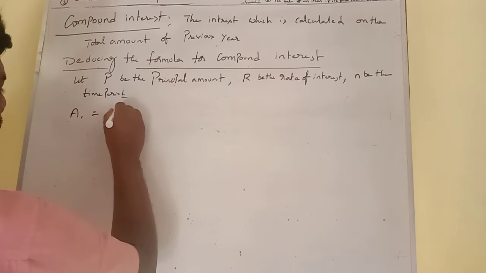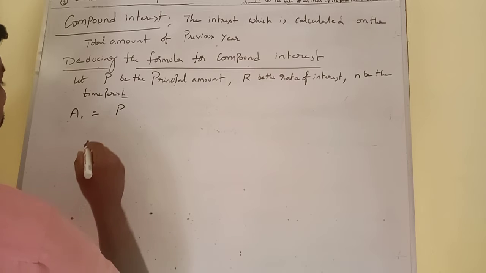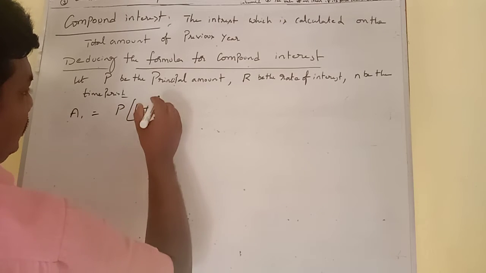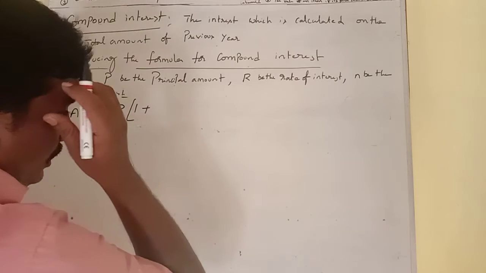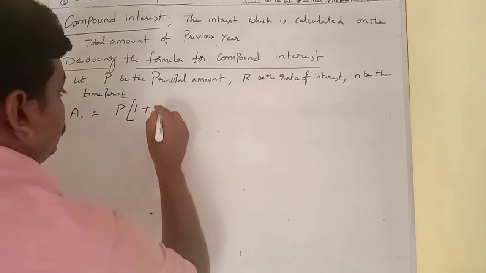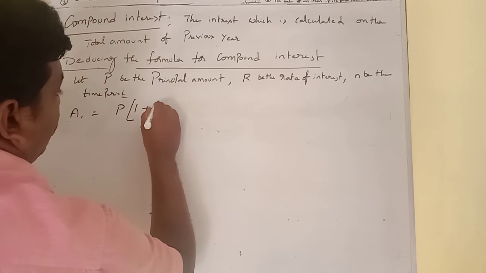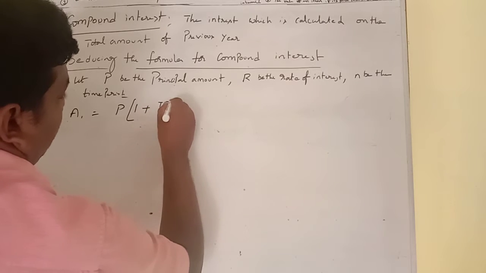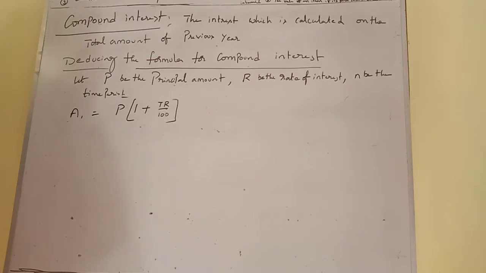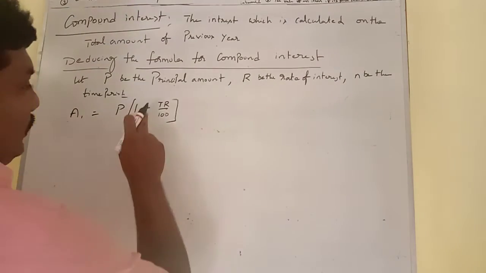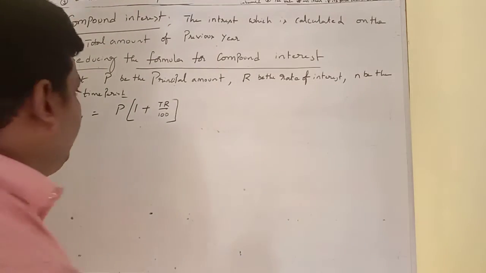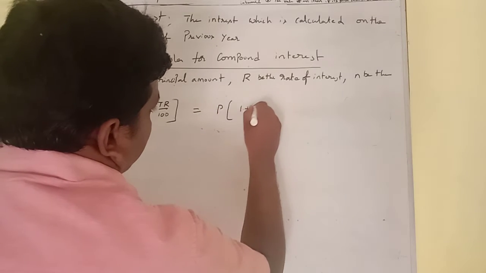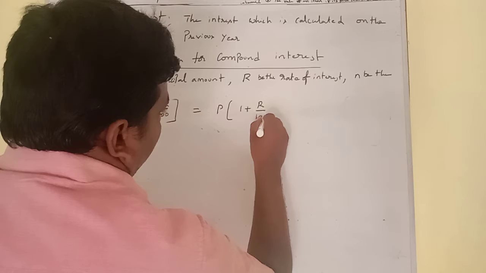A1 becomes P into 1 plus TR by 100, where T is nothing but 1. This is called the amount. So if you take T as the first time period, it becomes P into 1 plus R by 100.